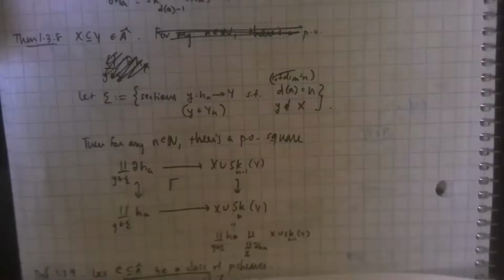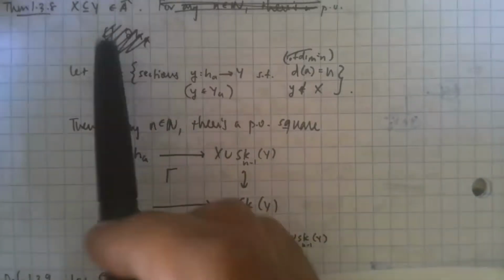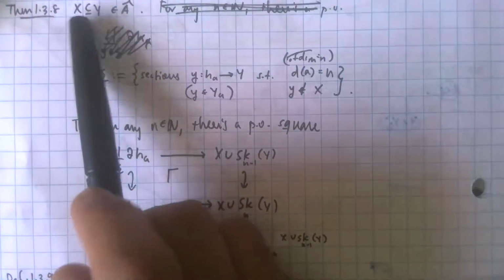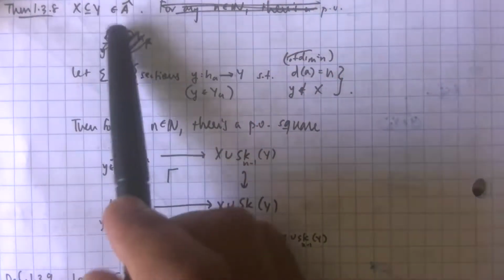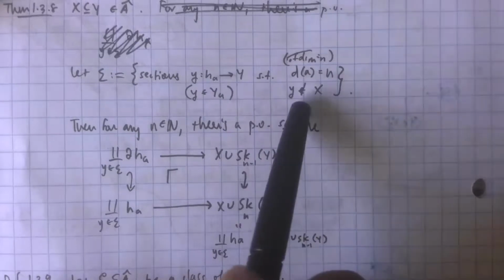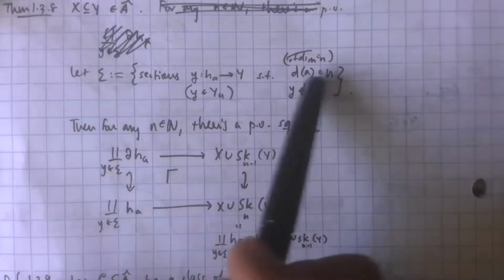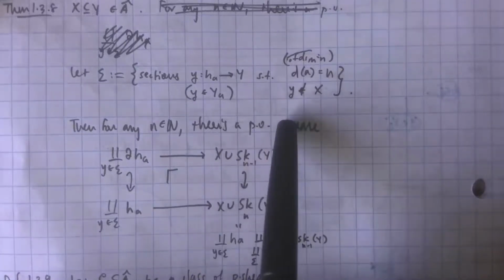I should mention it in the book. And then there's this theorem 1.3.8. Basically, for any n, given such presheaves, X a sub presheaf of Y, and both are presheaves over some category A, let this guy be all the sections in Y that don't live in X, of dimension n. Then there's a push-out square of this form.